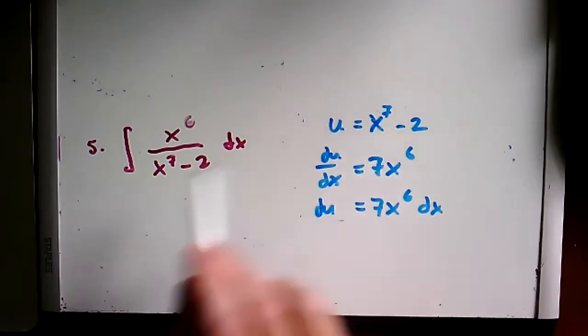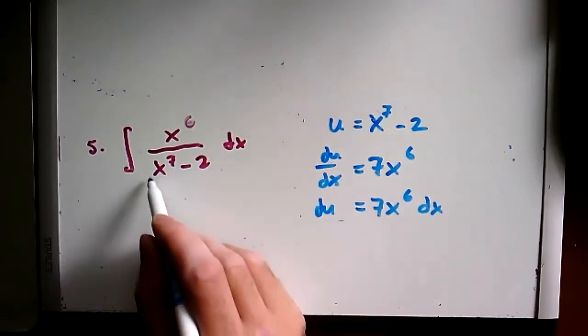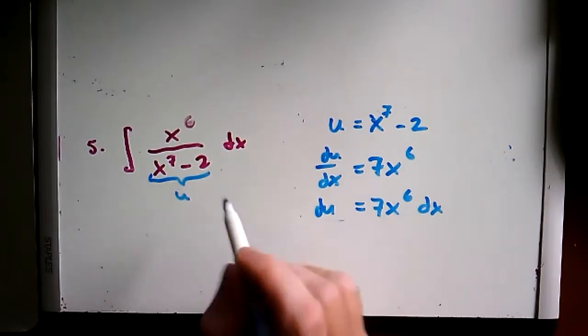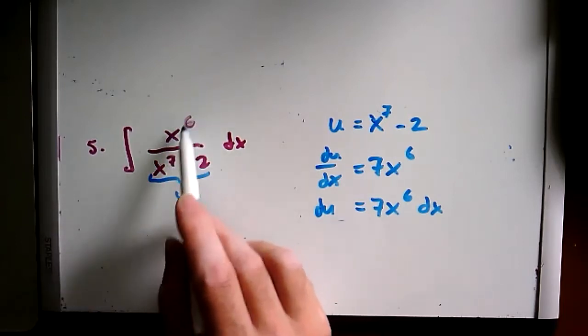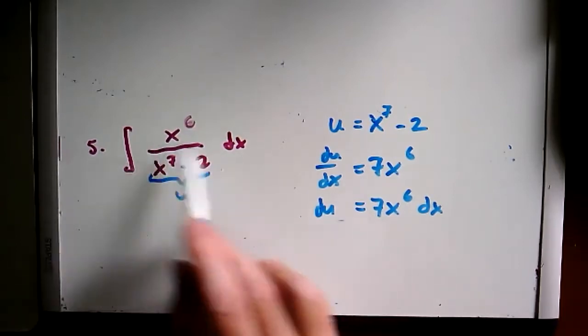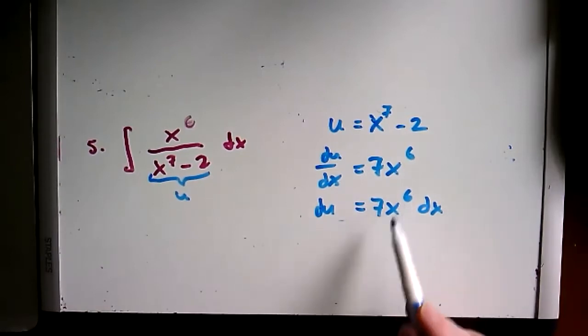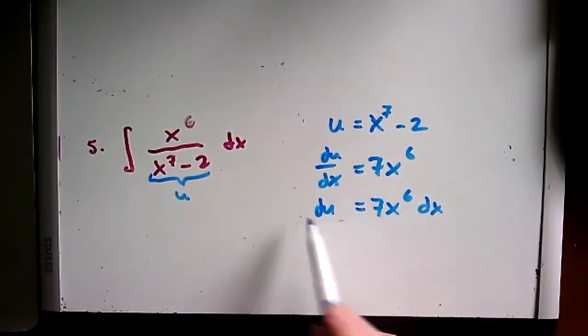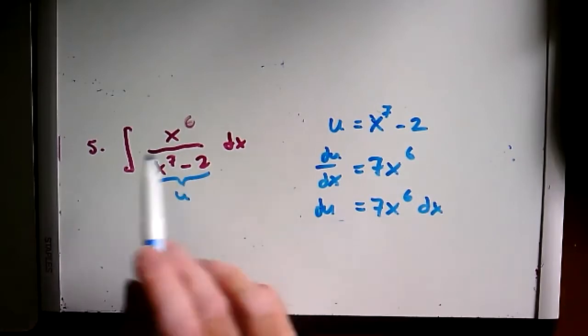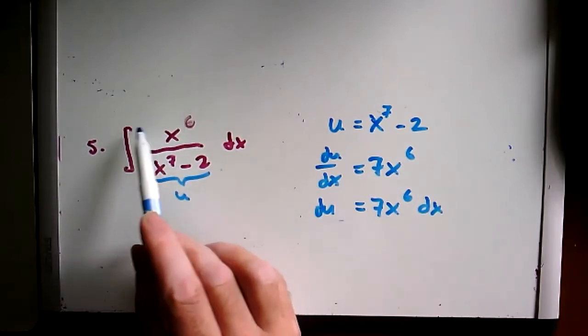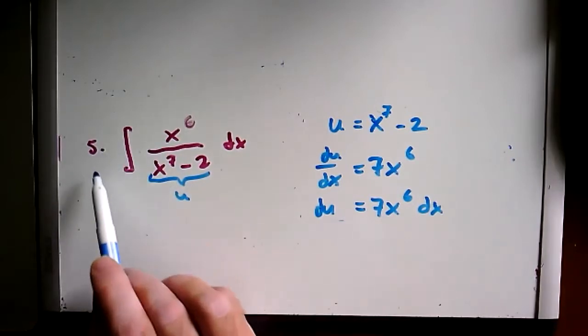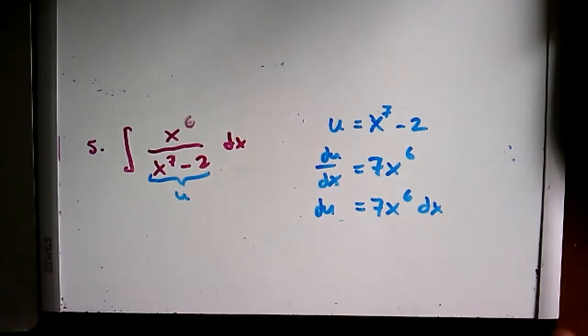But it's okay, especially on the side if you're just doing some scratch work to test out, like, okay, well, I could make that u, right? That's u, so that part's taken care of. And then we have x to the 6th dx. Well, that's almost what we want. x to the 6th dx is almost du. So I could do one of two things. The way I showed the last problem, I could multiply by 7 right here and multiply by 1/7 over there. I'm going to show you the second option.